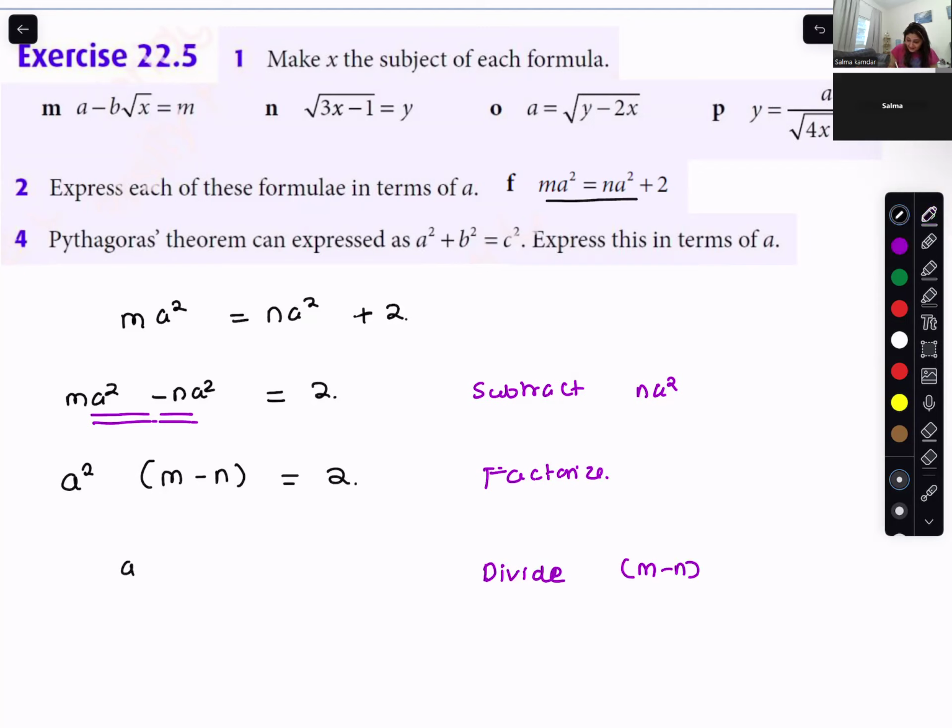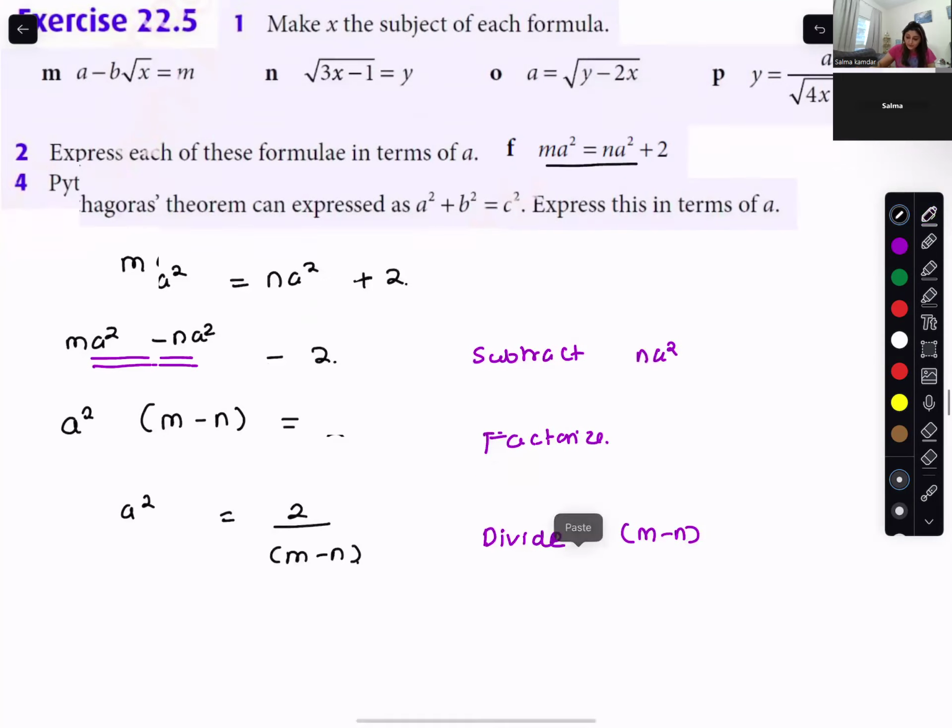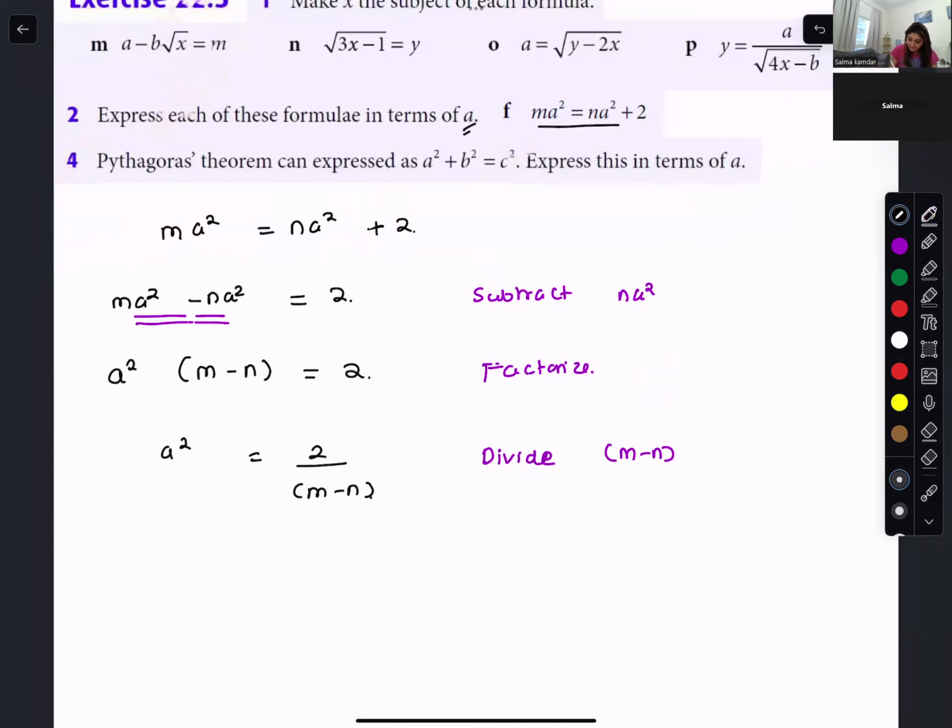So this will become a square is equal to 2 by m minus n. But I want this in terms of a. So I will take the square root. So a is going to be plus or minus root of 2 by m minus n. Okay.